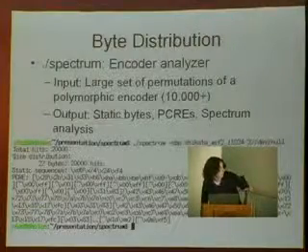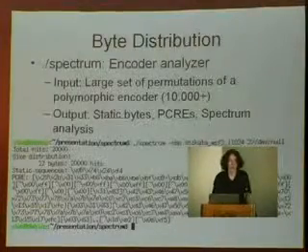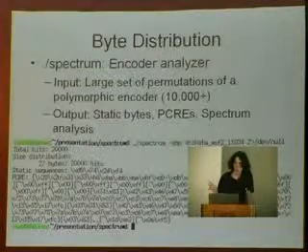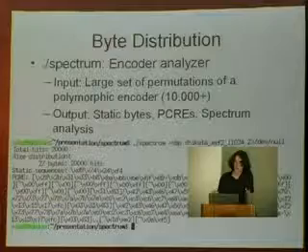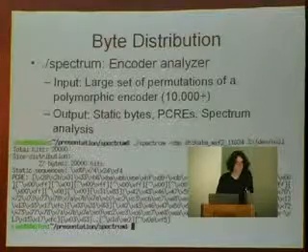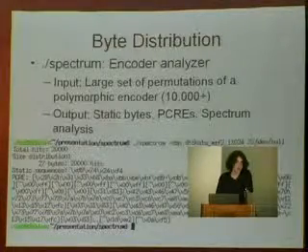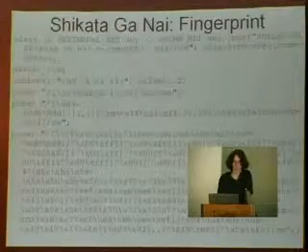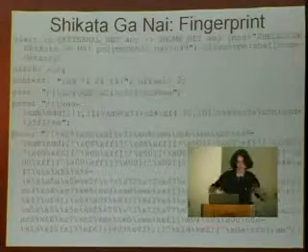The only possible combinations are hexadecimal 31 and hexadecimal 83. There are only two possible combinations. So this narrows the fingerprint down considerably because now we have something that fingerprints the entire encoder based on the byte distribution of it.